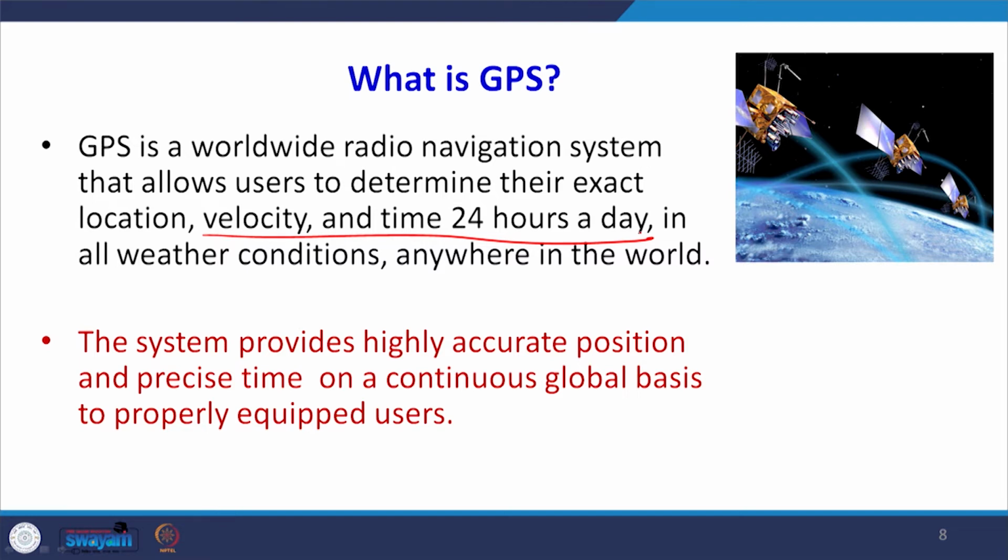As far as mapping is concerned, we require only location. We do not require the other parameters. Other parameters are required in the army. So, we are concerned with geographical, three-dimensional locations.